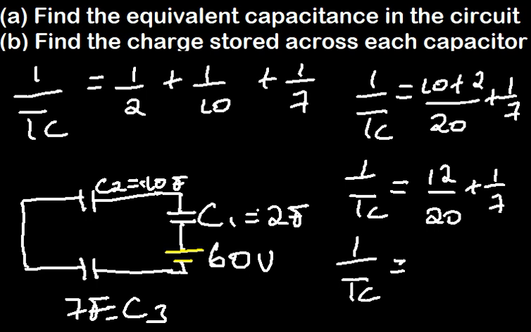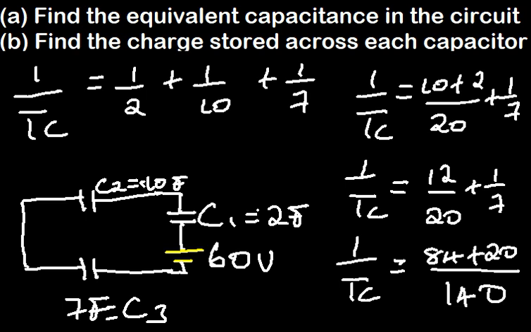So 1 over TC, the total capacitance, is the same as 12 times 7. It's not 12 times 7 here, it's 84. So we have 84 plus 1 times 20, that is 20, divided by 7 times 20. So what is 7 times 20? It should be 140.